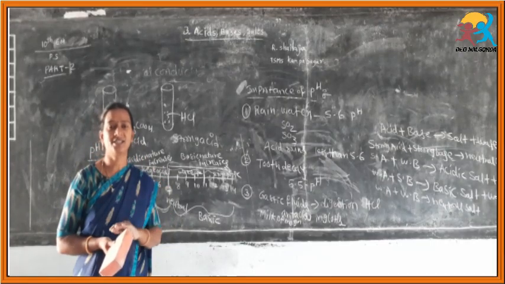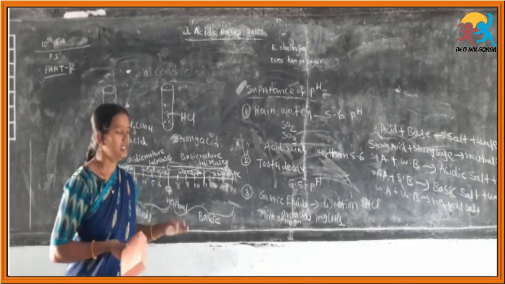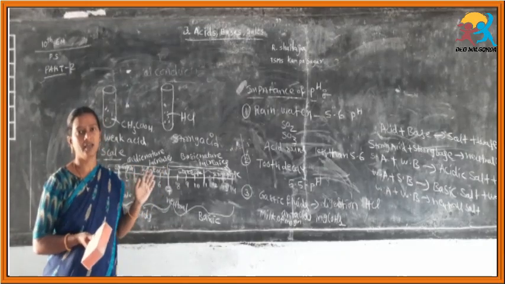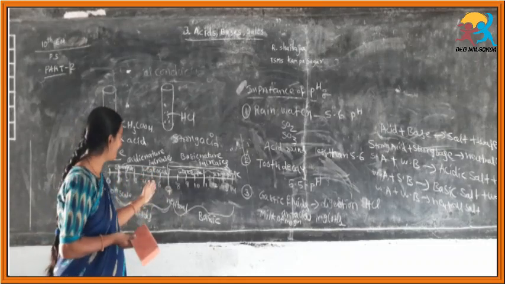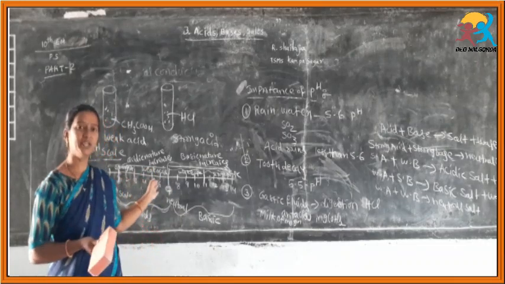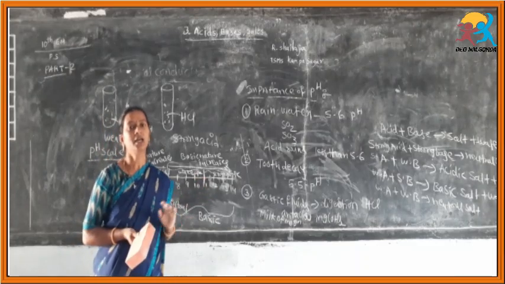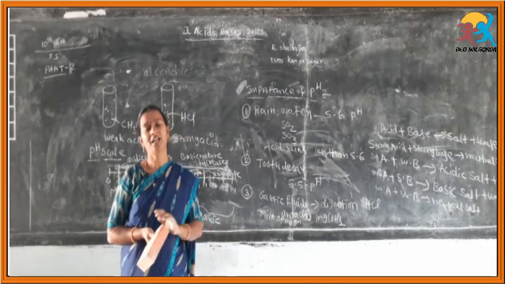Based on the strength of acid and base there is a scale, the pH scale, with values from 0 to 14. At 7 the substance is neutral, less than 7 the pH is acidic in nature, and greater than 7 it is basic in nature. These pH values are very important in our daily life.